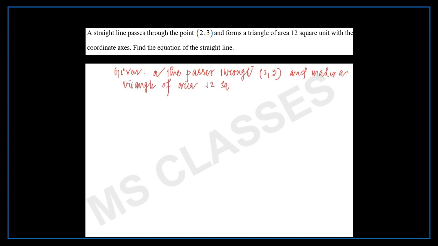So given a line passes through 2 comma 3 and makes a triangle of area 12 square units with the coordinate axes.